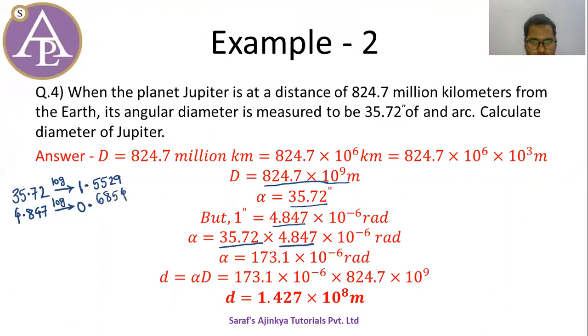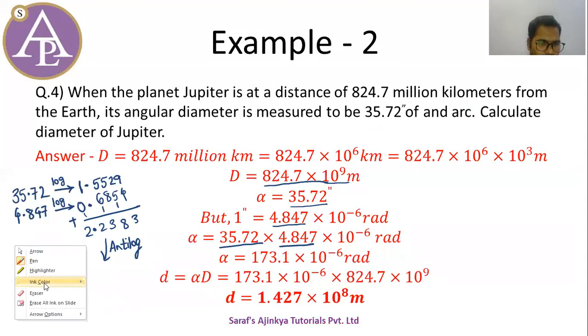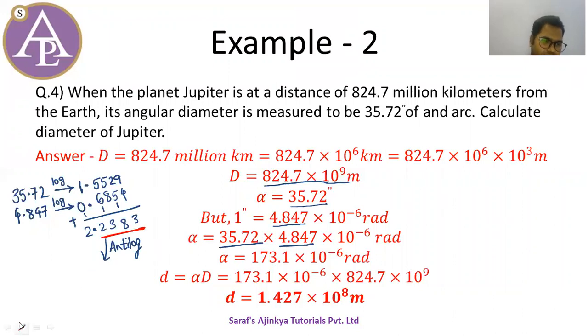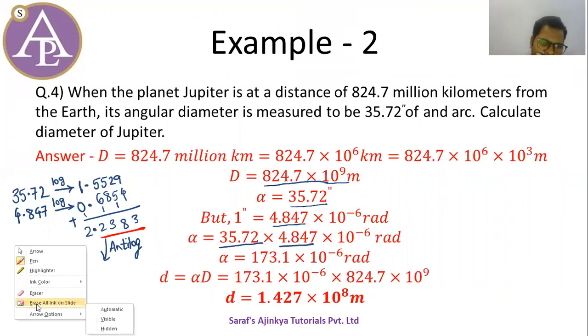Then because these two are multiplied, I will add their logs. So this is 13, carry 1. So 8, then 13, carry 1, and then 12, carry 1, and then this is 2. So 2.2383. Now I have to find antilog. To find antilog, we look at digits after the decimal. So this is 2383. Correct. This is 2383.